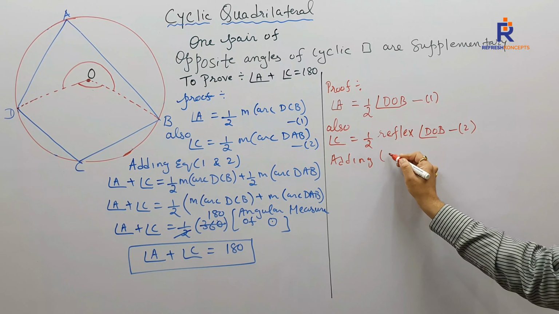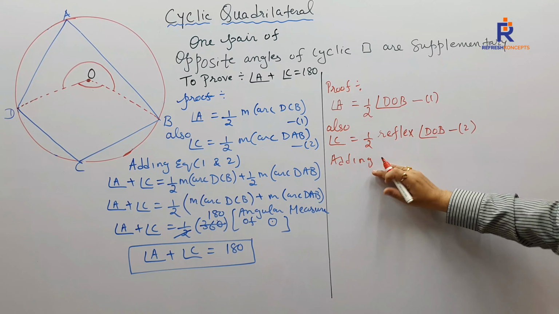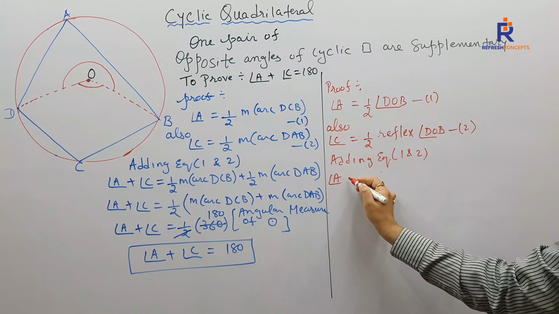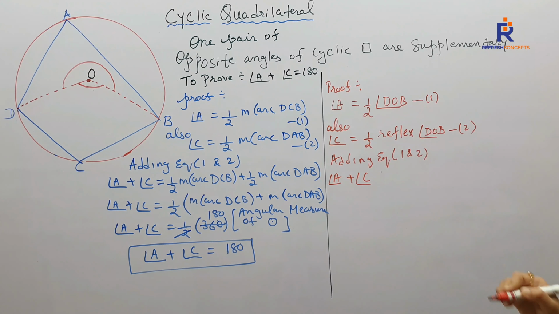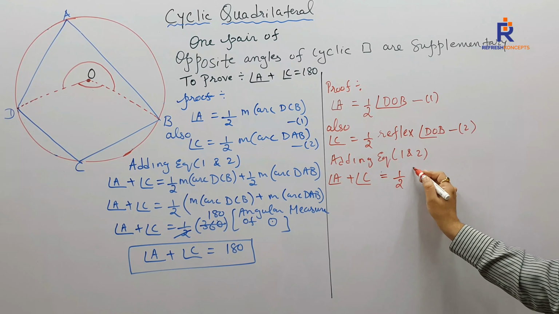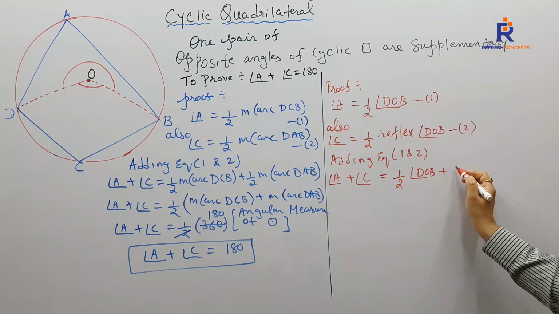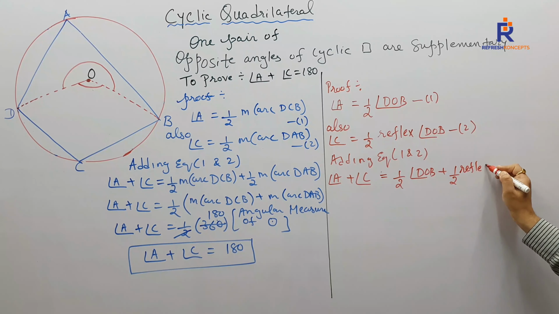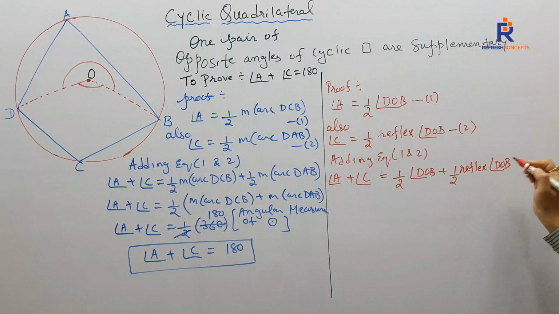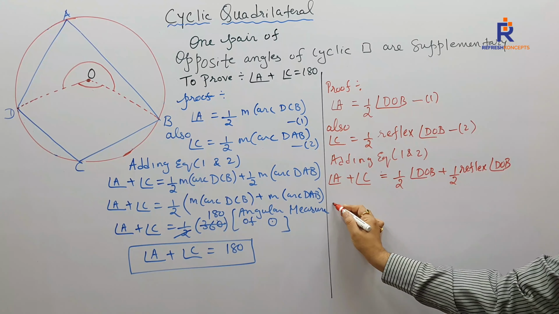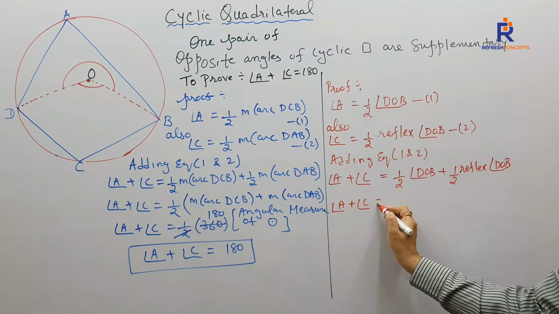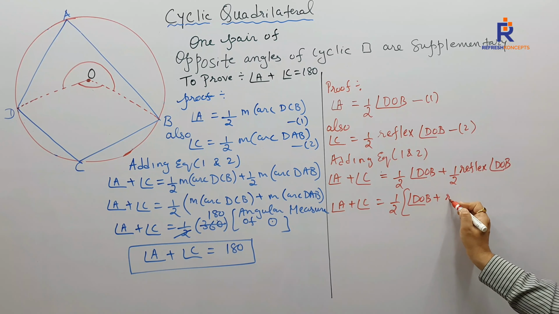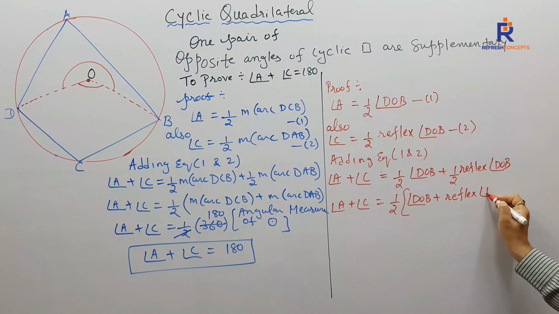Adding equations 1 and 2, what shall I get? Angle A plus angle C on the LHS. On the RHS, half of DOB plus half of reflex angle DOB. Half common: A plus C is half of DOB plus reflex angle DOB.